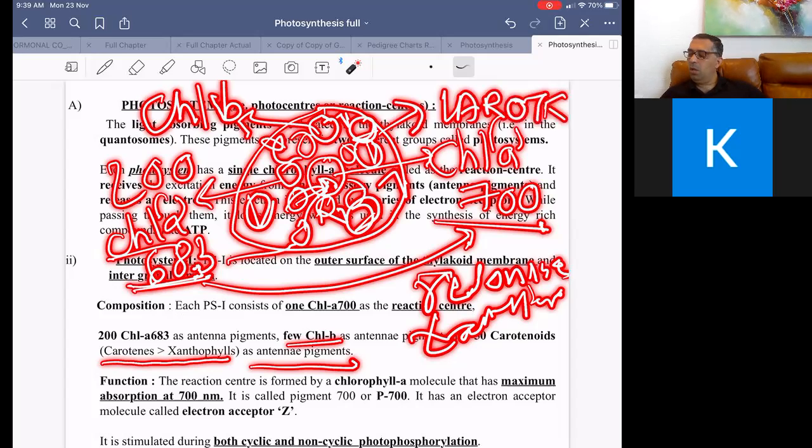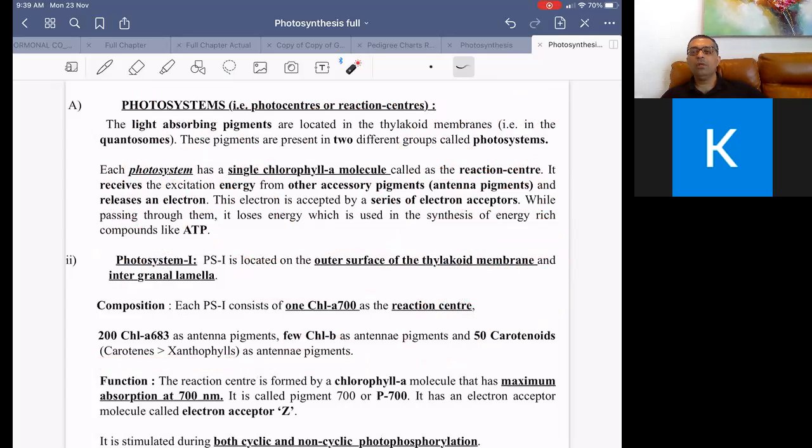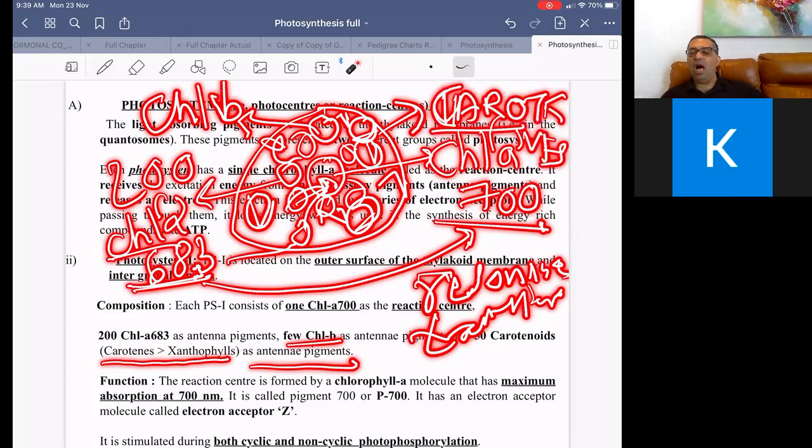And there are few xanthophylls. तो xanthophylls में थोड़ा डार्क दिखा रहा हूं. ये है xanthophylls. There are few xanthophylls.